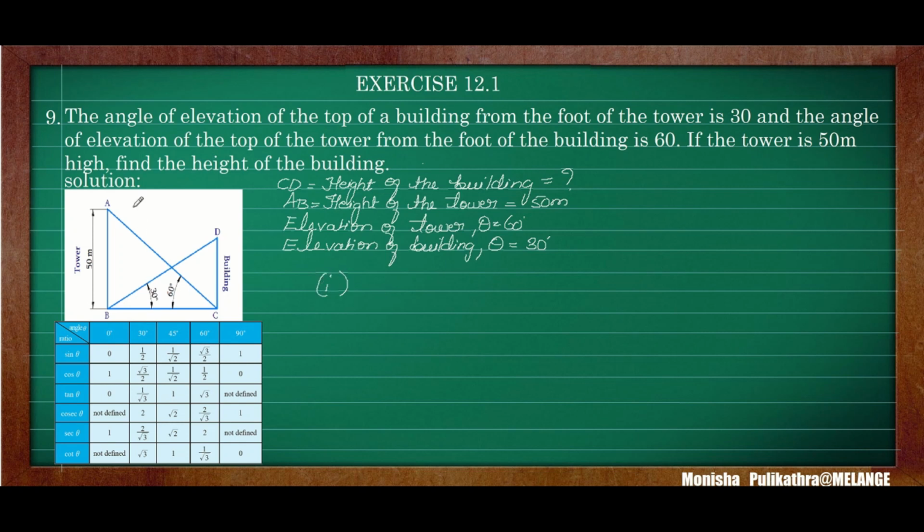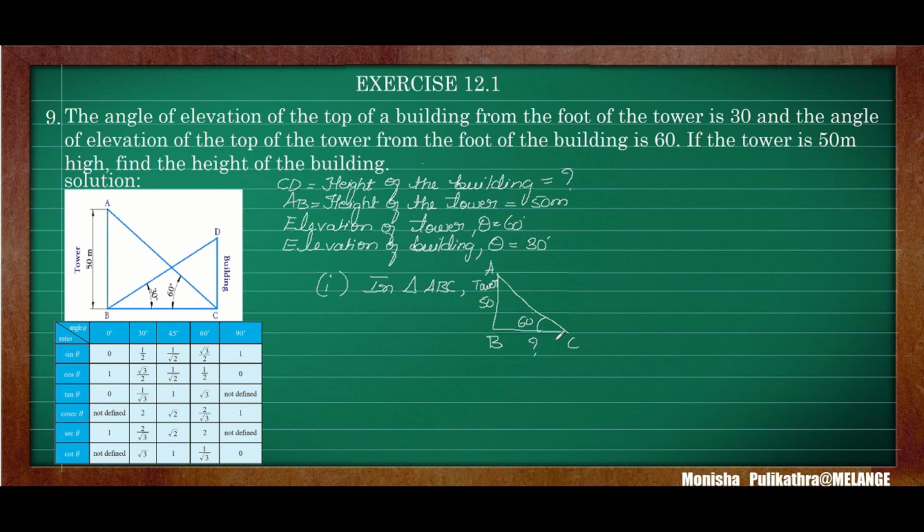First I will take ABC as a triangle and draw a small triangle for this. ABC is a triangle where AB is 50 meters, which is the tower, the angle is 60 degrees, and BC is the distance from the foot.